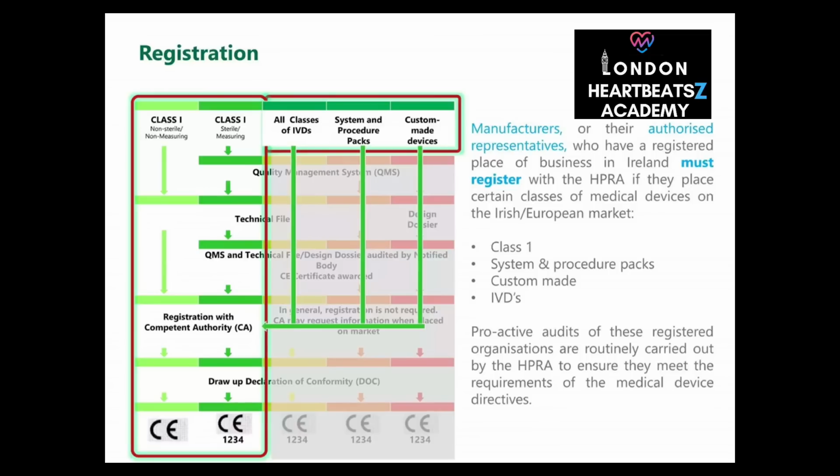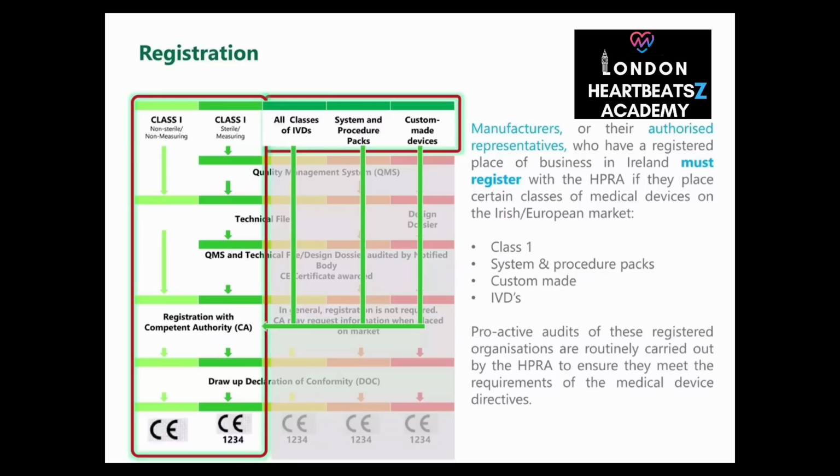That's right. What about higher risk devices, like Class IIa, IIb and III? For those, a notified body plays a much bigger role. And what's a notified body? It's an independent organization designated by an EU country to assess the conformity of certain products before they can be sold. So like independent auditors who come in and say, yep, this is good. That's it. Some well-known ones are NSAI in Ireland and BSI in the UK.